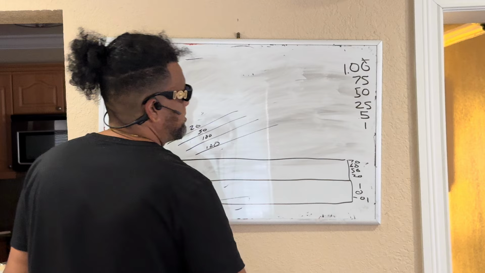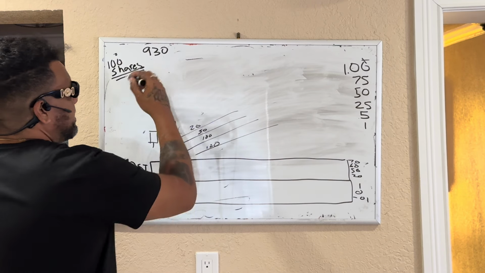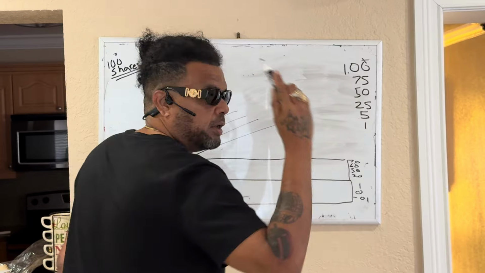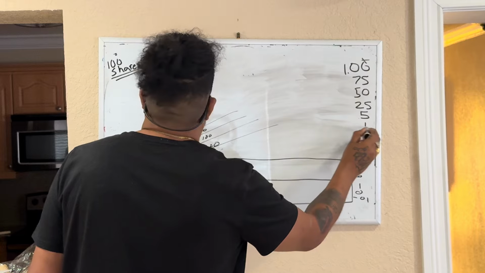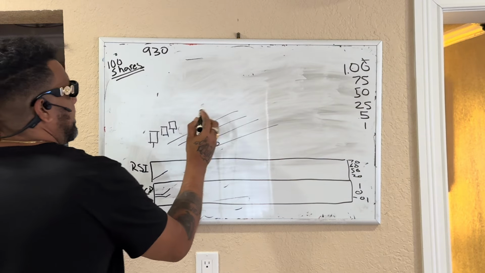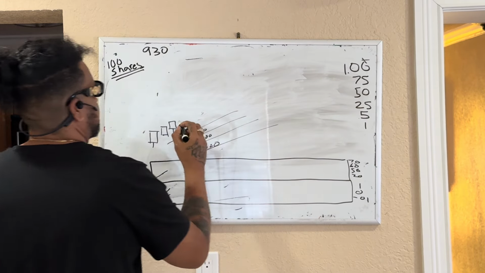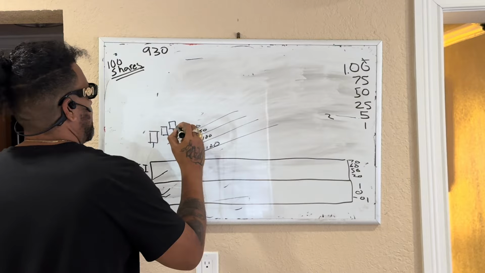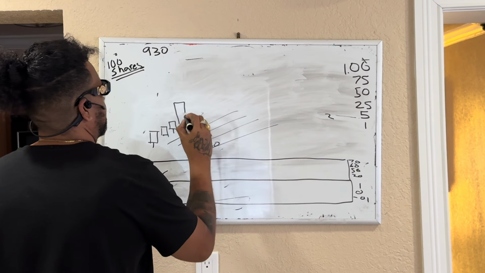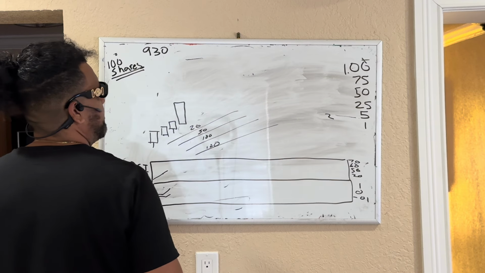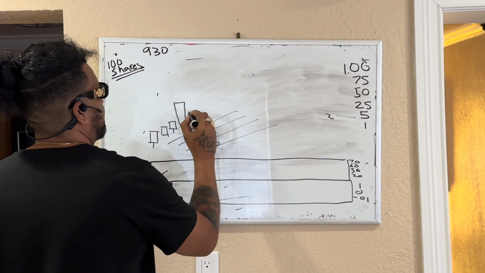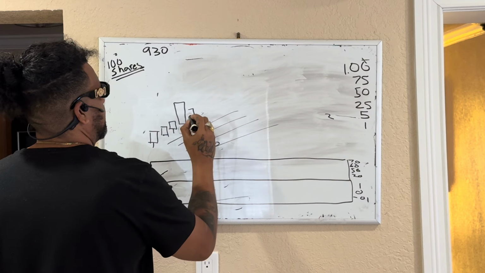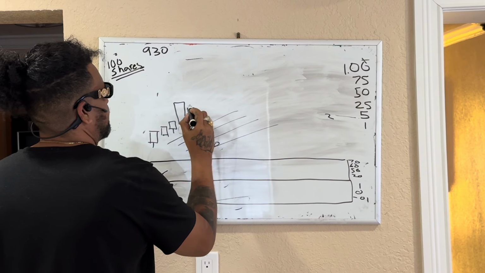Now for our sake, let's say we bought $1 worth at a penny. Now it's about 2 pennies. Right? You get another big candle. Poof, you're up 5 cents. Then you get one that's a sell candle, red.